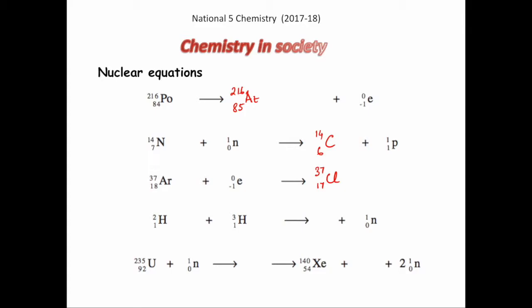And you can see there are two isotopes of hydrogen. When they combine together, they would give you helium and releasing one neutron. This is an example of nuclear fusion, which we will discuss a little while from now. Now, the last equation here you can see is one neutron being added to uranium.